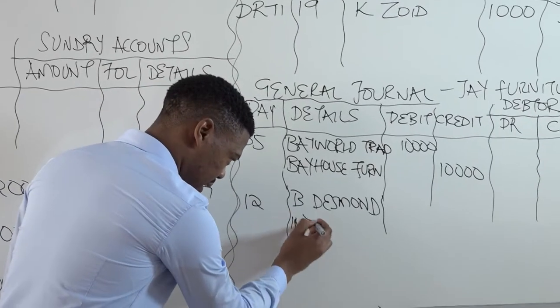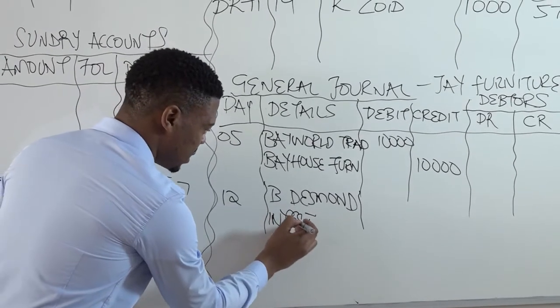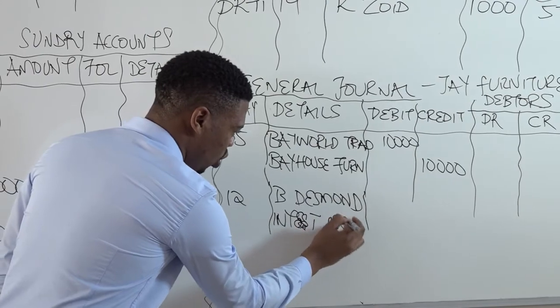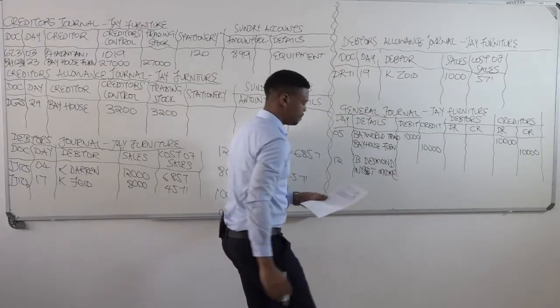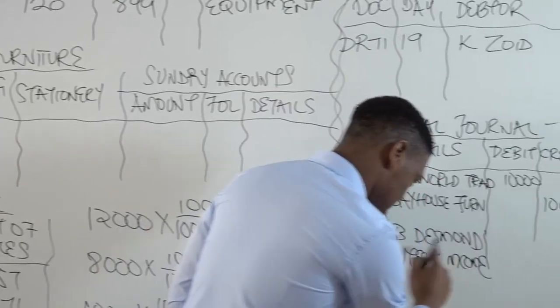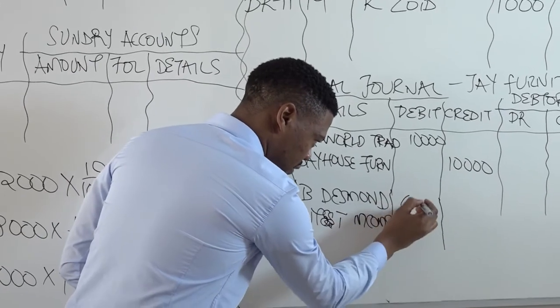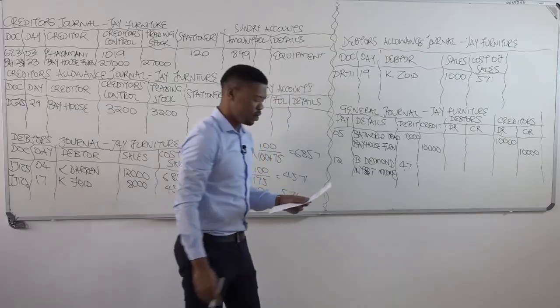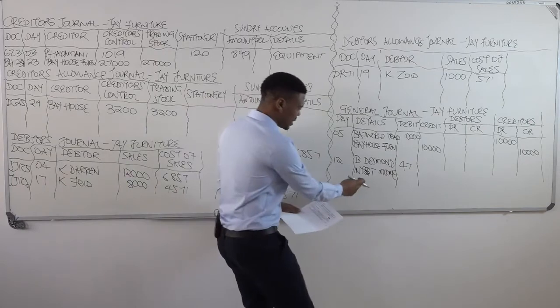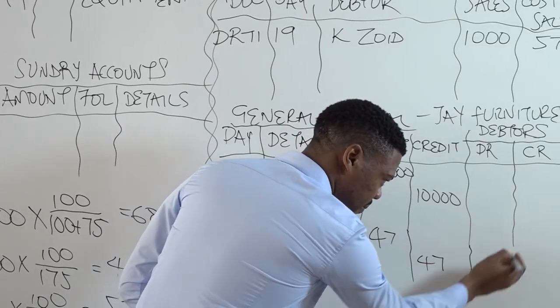So we'll write there, interest, please be specific here and say it's interest income or interest received. The amount was given as 47 Rand. B Desmond is the account debited, so we'll say 47 over there. And your interest income is the account credited, so under credit, you will also say 47.